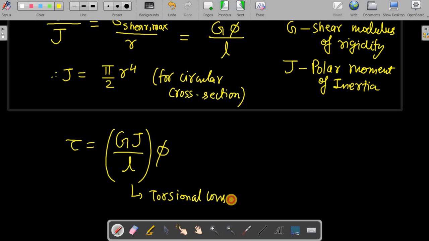Anyway, we will not go into more detail about that, but if you substitute these values here, the torque is G, the shear modulus of rigidity, J is pi by 2 r power 4, by L, into phi.